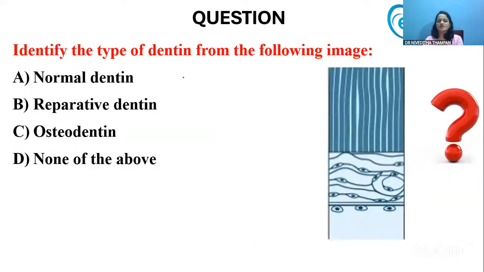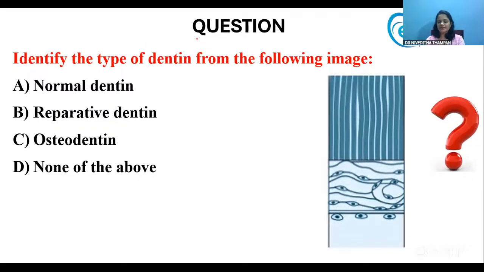Now, identify the type of dentin shown in the following image. Is it normal dentin, reparative dentin, osteodentin, or none of the above? Note the point: the cells are getting entrapped in the matrix, so it will look just like bone.